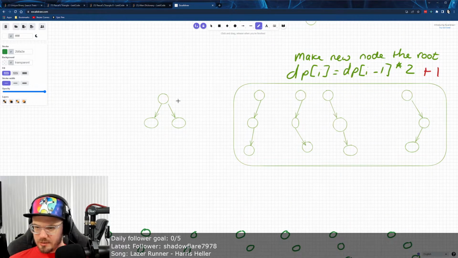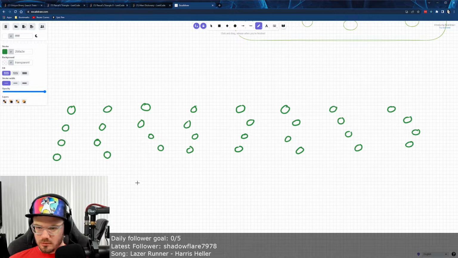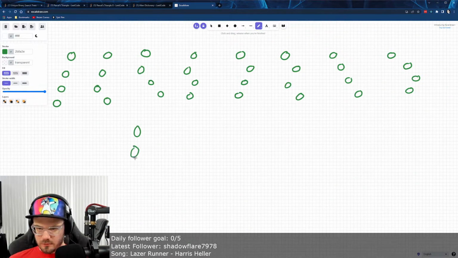So we got that. And then for this one, this is a case where we could take our new node and add it into, so we could have, let's see. Okay, so we've got this.